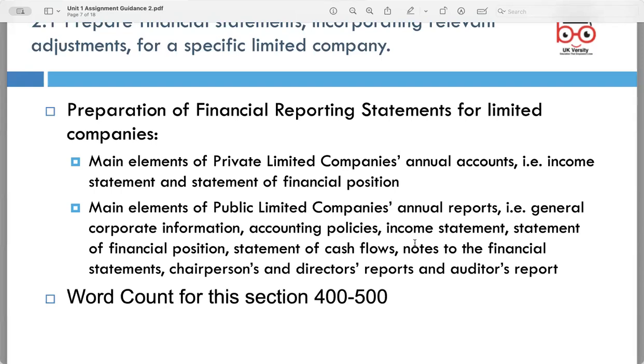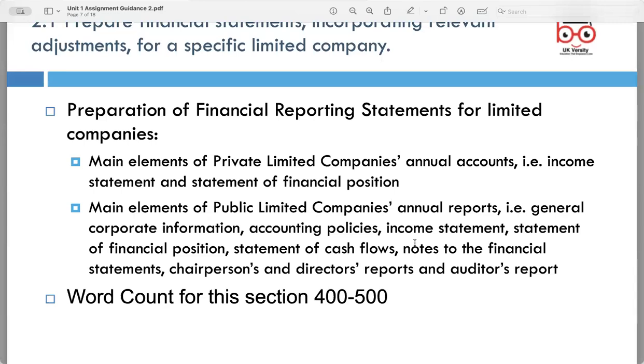So, general corporate information: basic details about the company. Accounting policies: the principal bases, conventions, rules, and practices applied by the company in preparing and presenting financial statements.